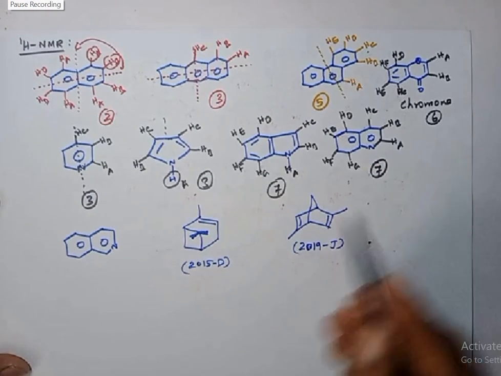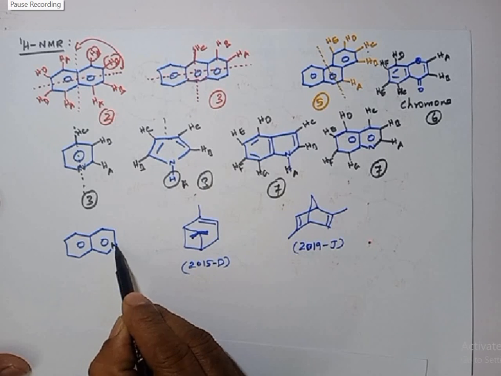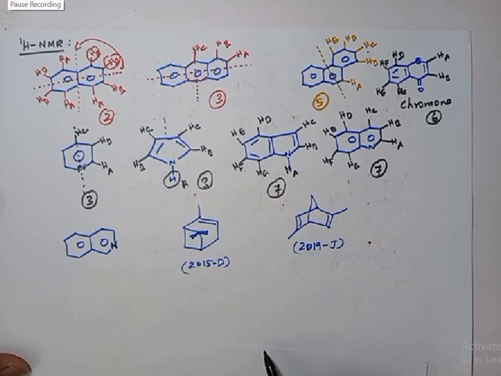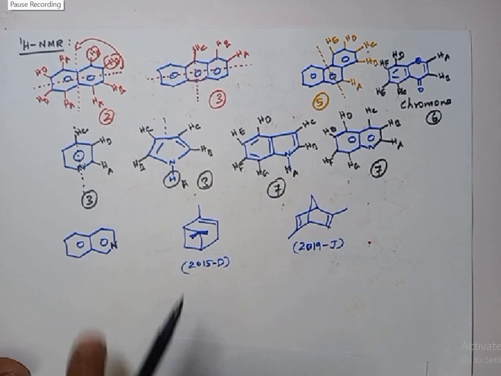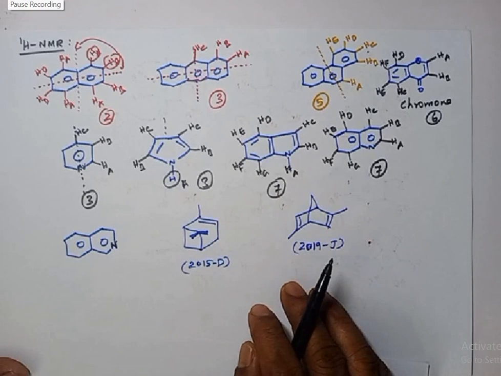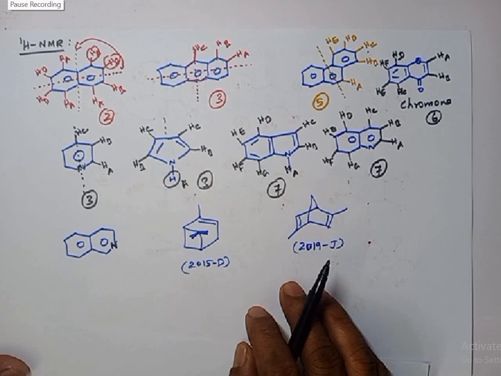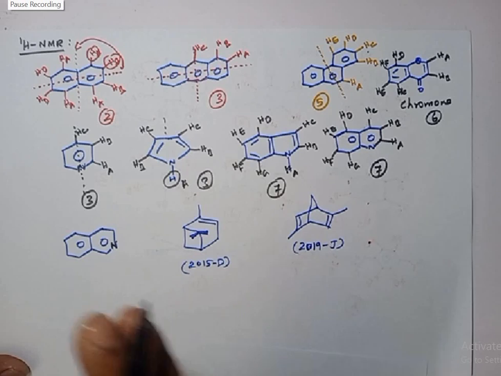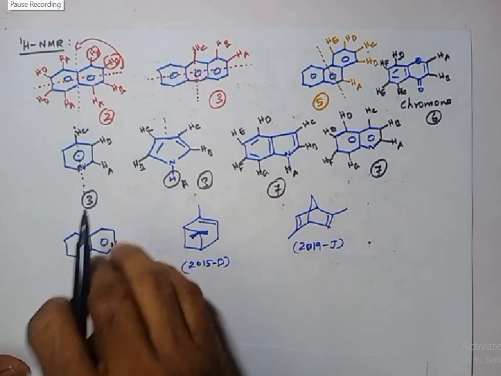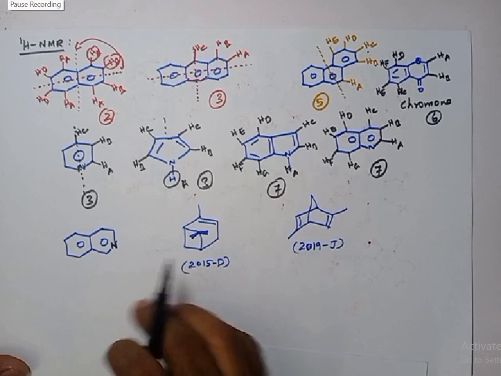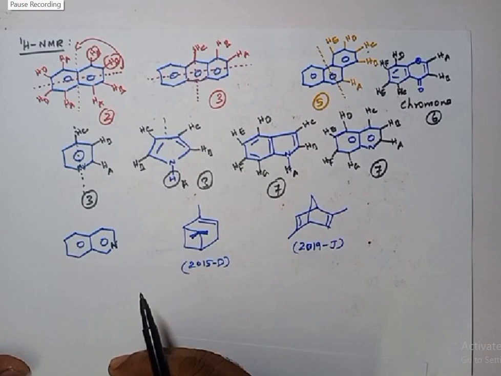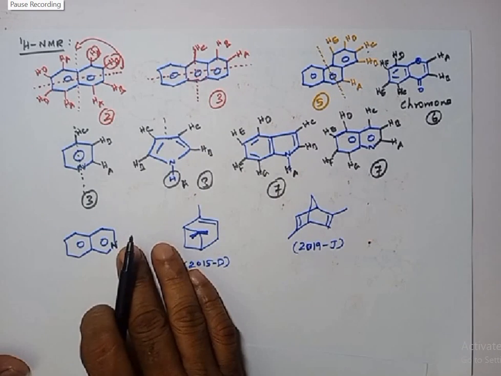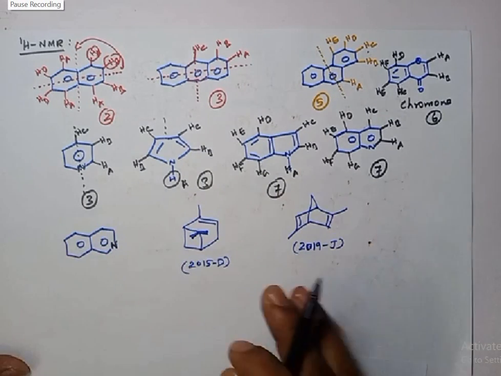This is quinoline. And what about this? This is isoquinoline, right? Quinoline and this isoquinoline. In isoquinoline also there is no symmetry element present. Okay. There is no symmetry element perpendicular to the molecule. There is no plane perpendicular to the molecule. Okay. Therefore, it is a highly unsymmetrical molecule.